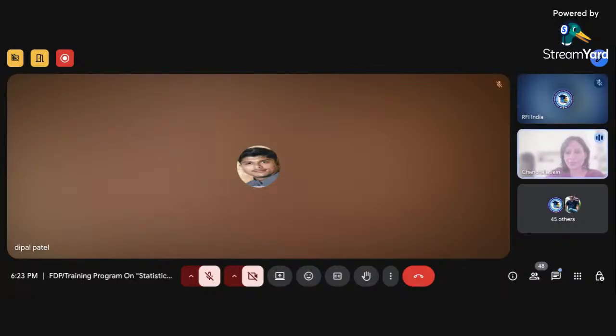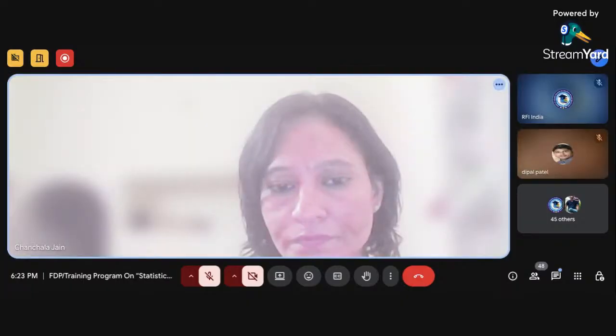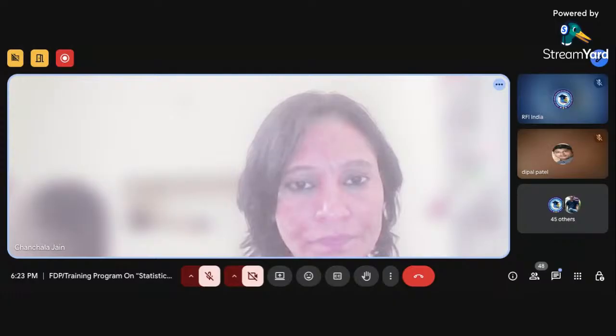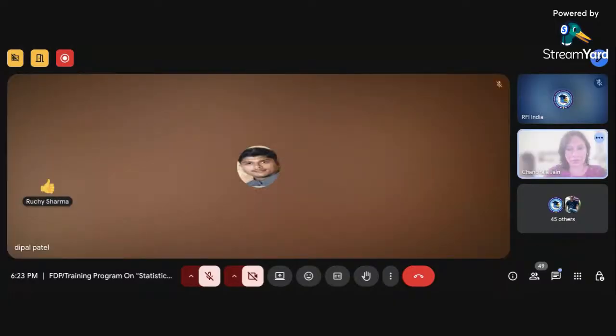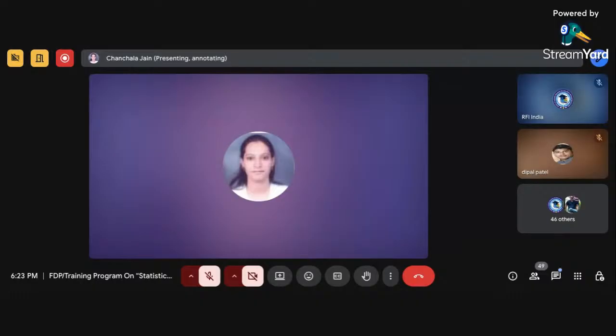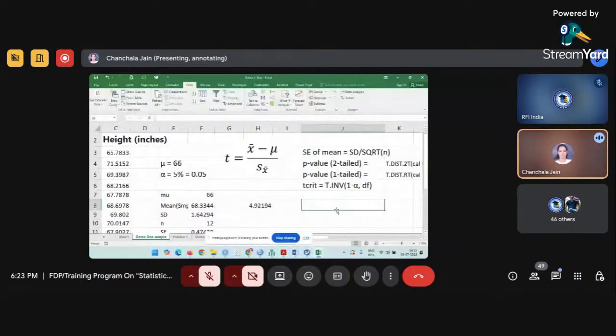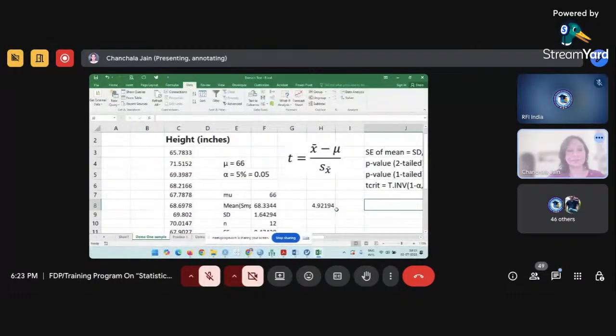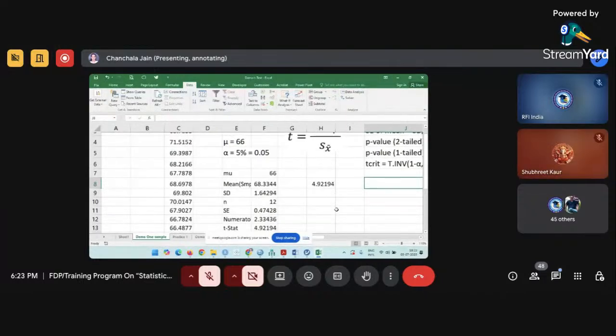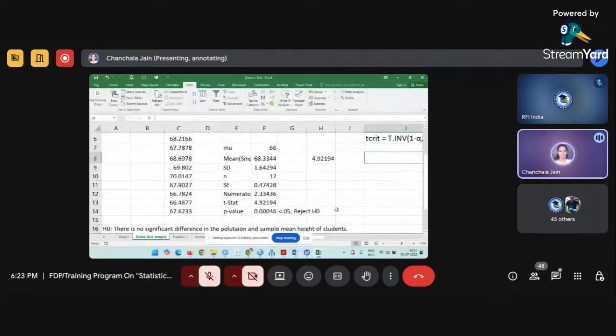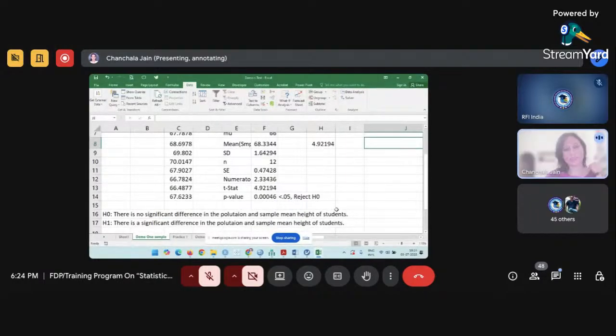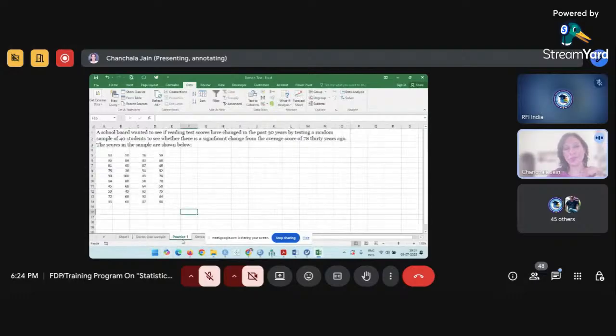So, shall I present my screen now, right? Okay, my screen is visible. Fine. So I think one sample t-test is clear. There is no doubt in one sample t-test. The next sheet is for practice purposes. You can use this data to perform a one sample t-test if you wish, if you want to practice.